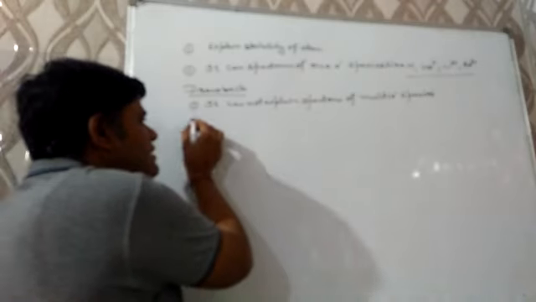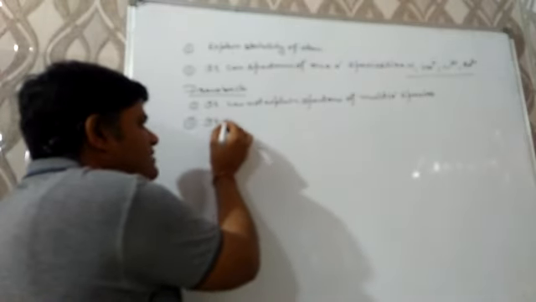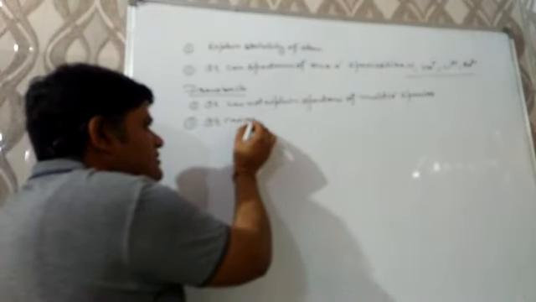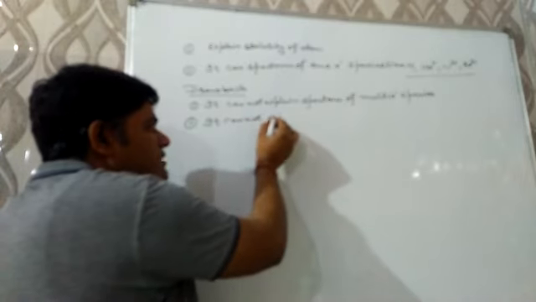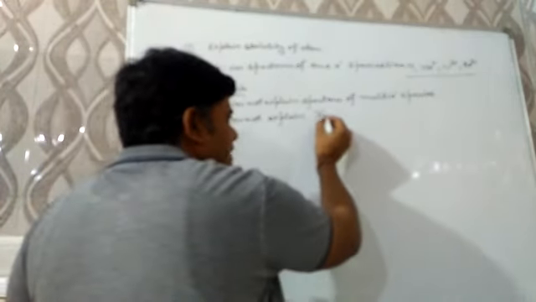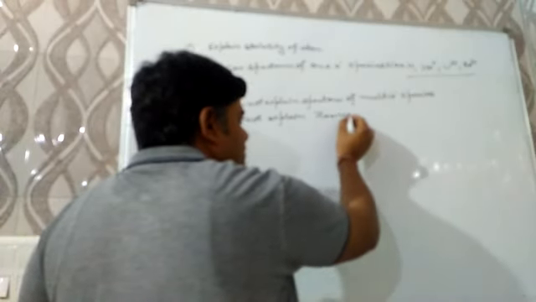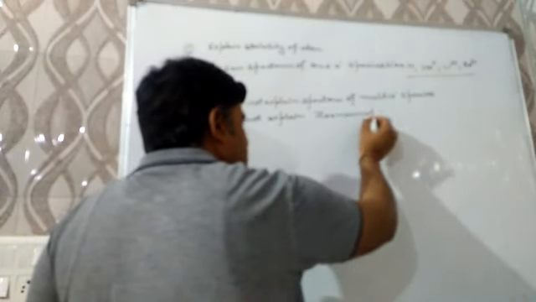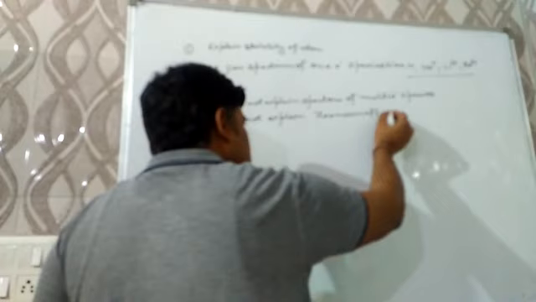Second, it cannot explain the Zeeman effect. Zeeman effect means the splitting of a spectral line when it is passed through a magnetic field.